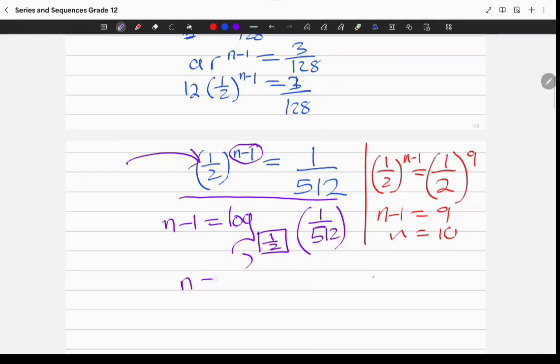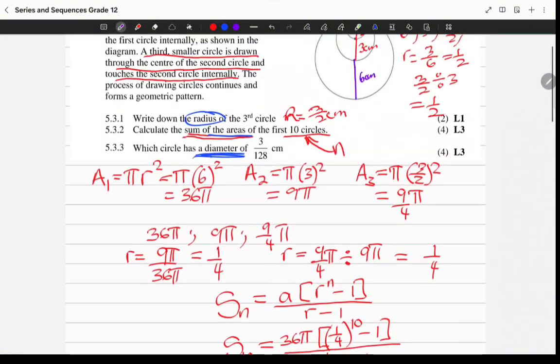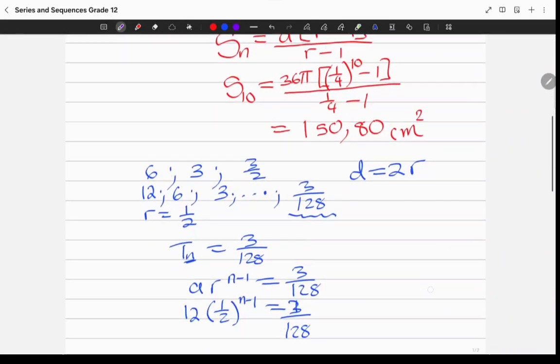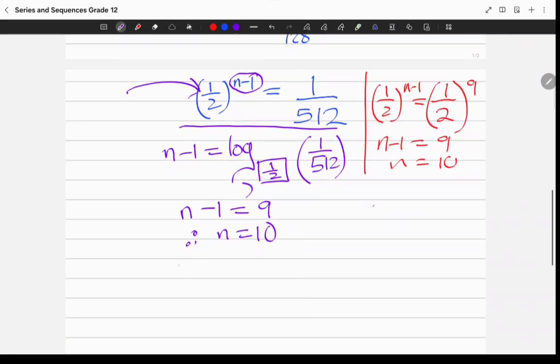And I'm certain that this is going to give us 9, meaning n is equal to 10, right? The question says, which circle has a diameter of 3 over 128 centimeters? So our conclusion is that circle number 10 has that diameter.